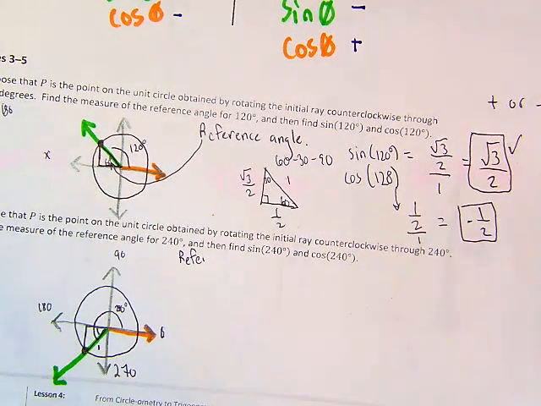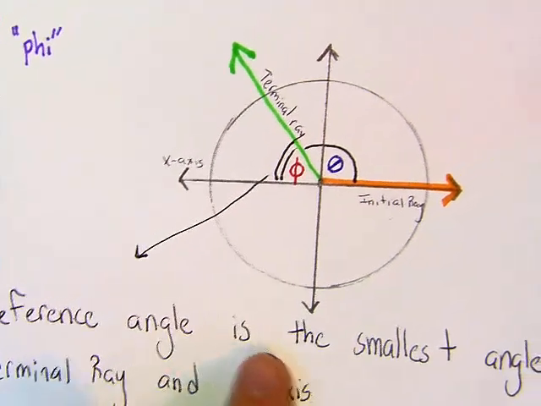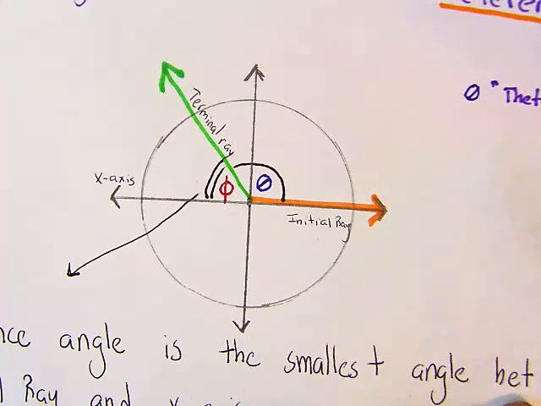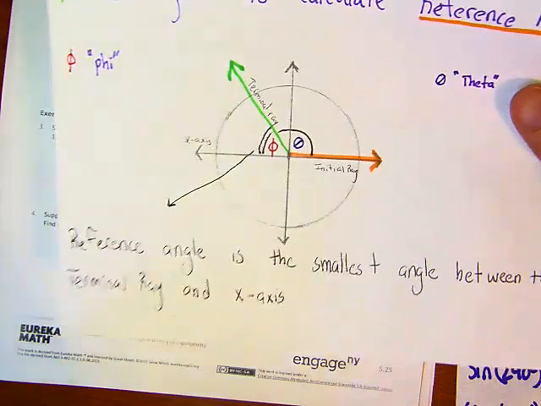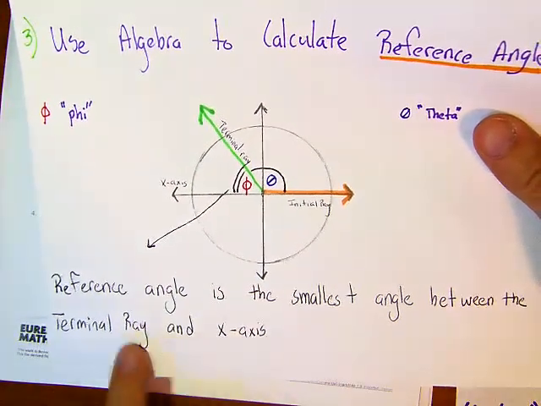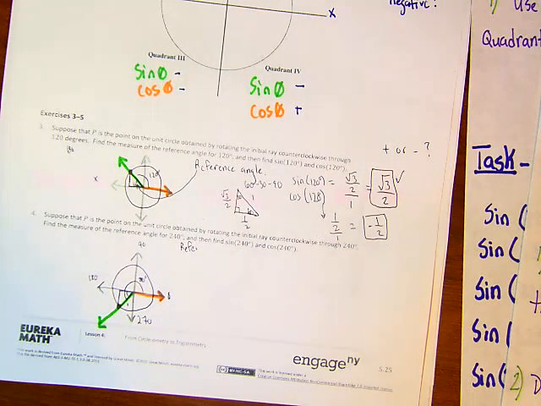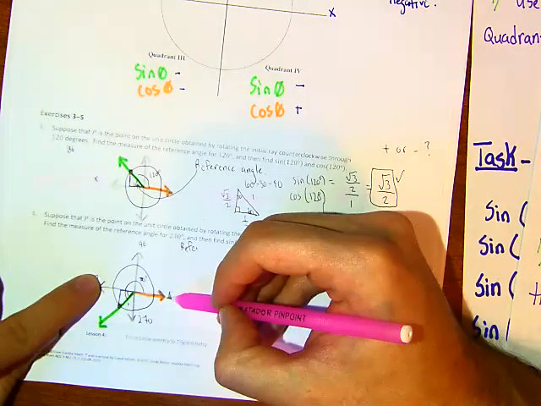Don't forget that the reference angle is the smallest angle between the terminal ray and the x-axis. What is the angle between the terminal ray and the x-axis?